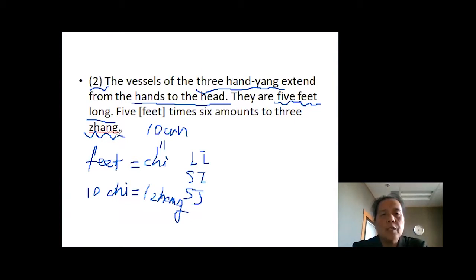Zhang means 10 尺. 1 尺 or 1 foot is 10 寸. So that's the measurement.